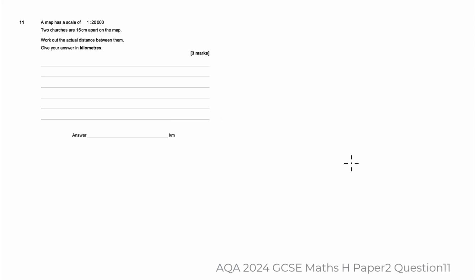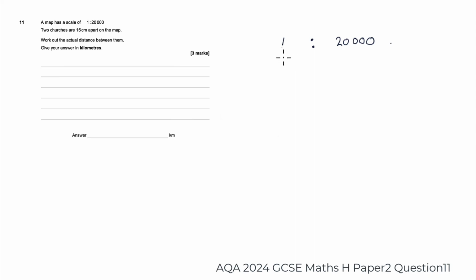So here we have question 11. And we're told that a map has a scale of 1 to 20,000 and that two churches are 15 centimetres apart on the map. We're to find the actual distance between these churches in kilometres. So let's think about what the scale 1 to 20,000 actually means.